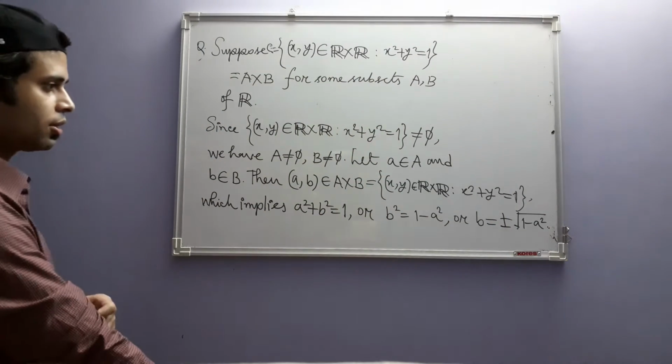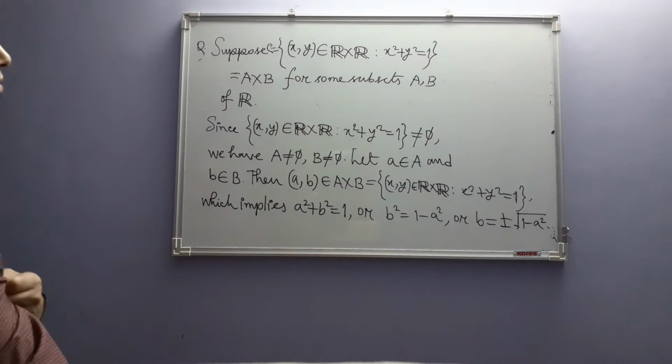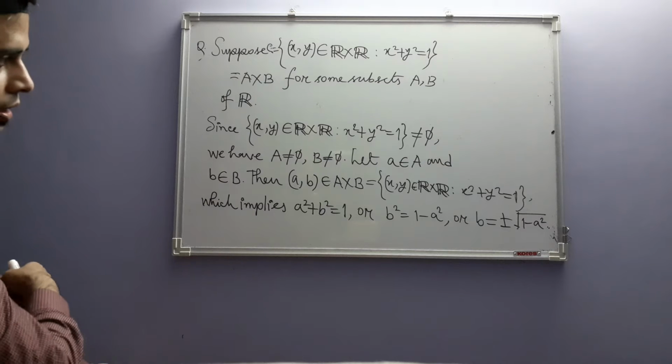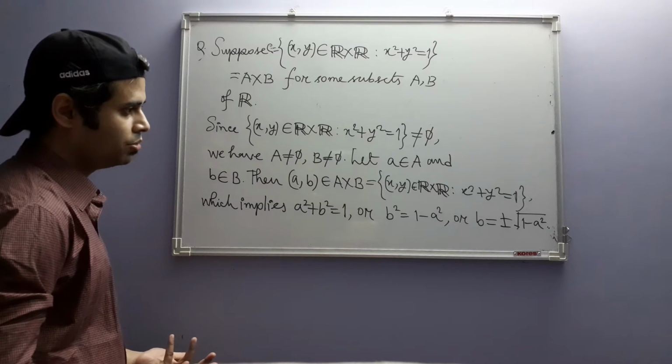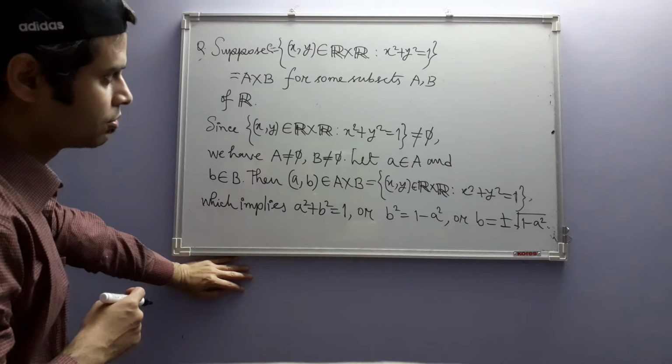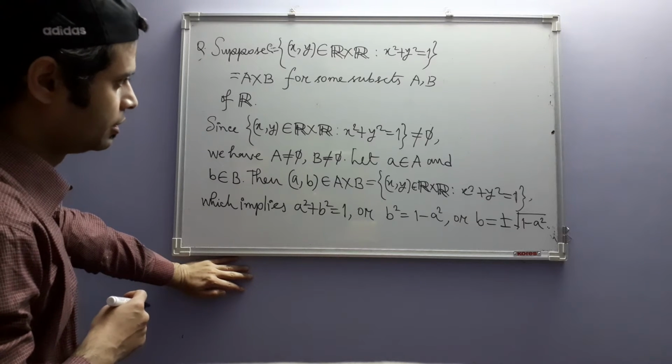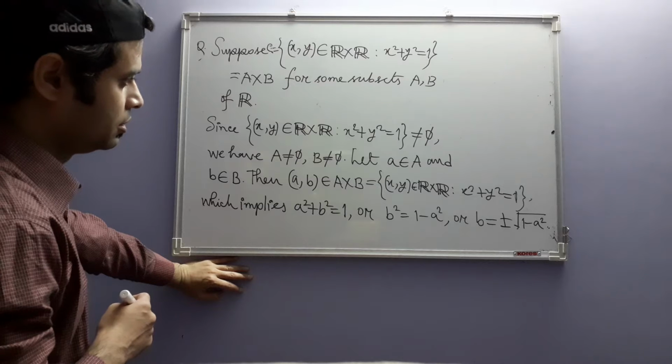So for a given number a, we have two elements b, plus minus root 1 minus a squared, right?